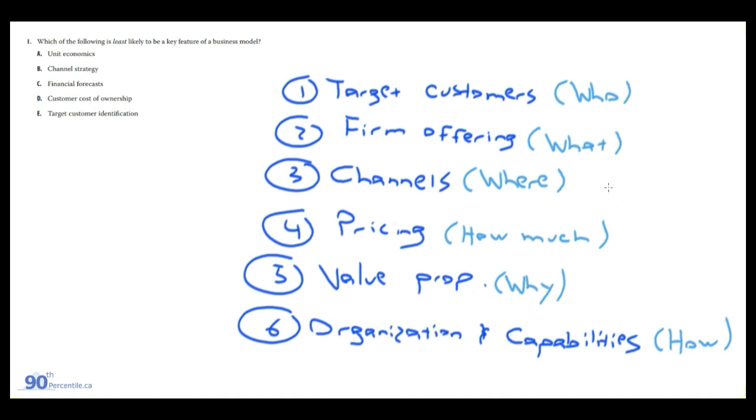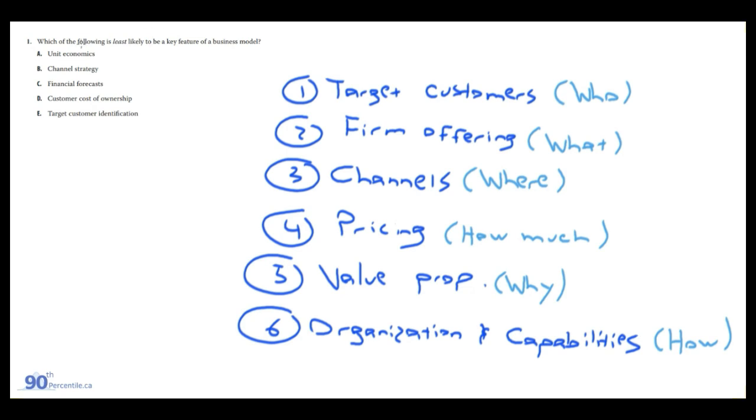It could be online, retail, whatever. Four is your pricing strategy. Five, which kind of combines everything above, is your value proposition. I like to think of it as why customers would choose you. And then last is your organization structure and capabilities. So how you're actually going to deliver it, what processes you have in place, your employees, etc.